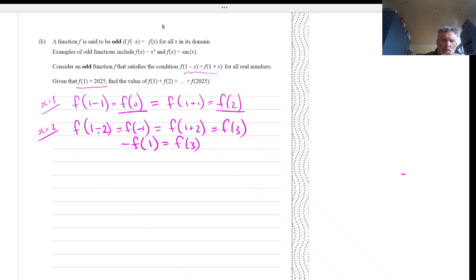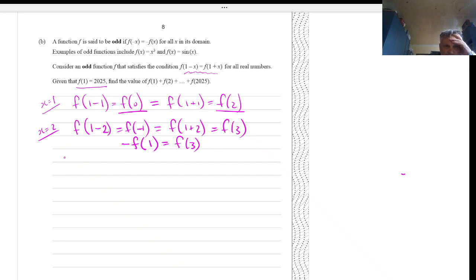I can see straight away that by increasing these, we're always going to get expressions for values that are 2 apart. If we put x equal to 3 in, you're going to get minus 2 and 4, and the minus 2 will give us something about f of 2. So we're always going to get things that are 2 apart.